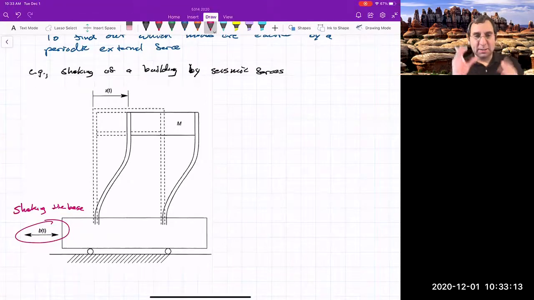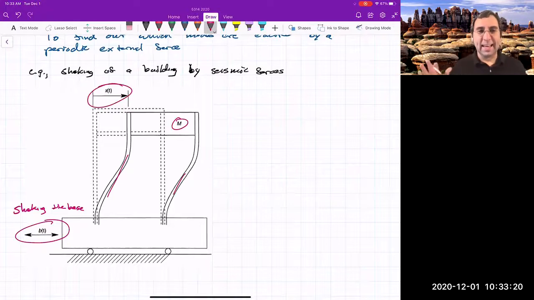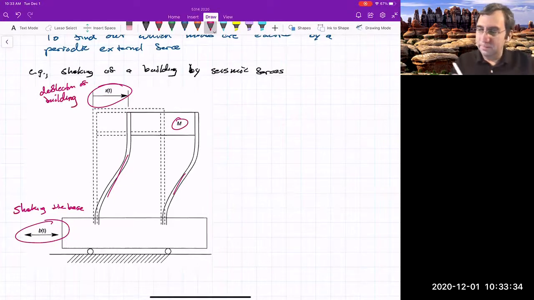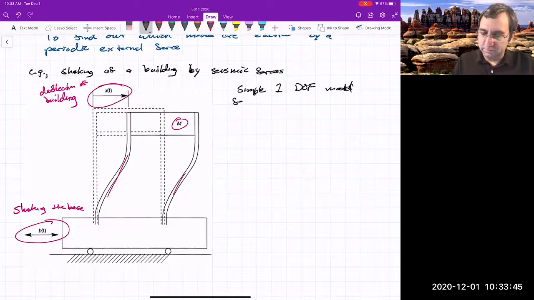The building is like this flexible structure, so there's a mass on some flexible beams, and we're measuring the deflection x. So this is the deflection of the building. So this is a really simple 1 degree of freedom model for a flexible structure.